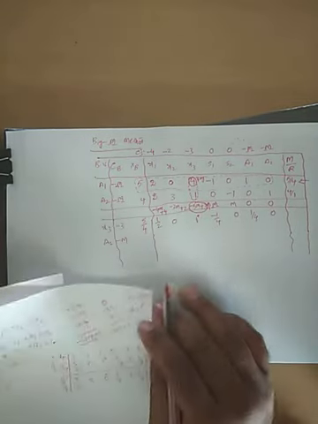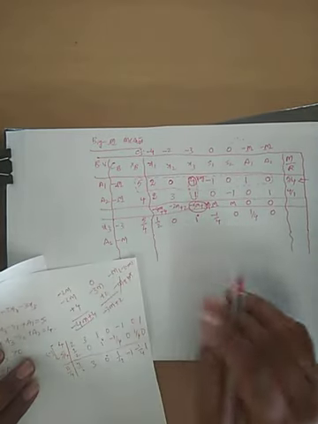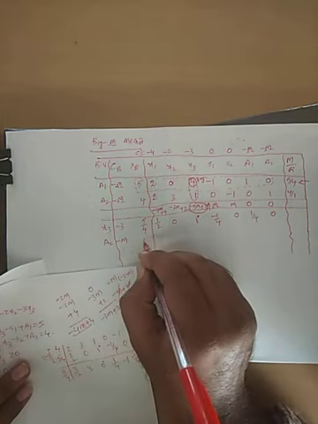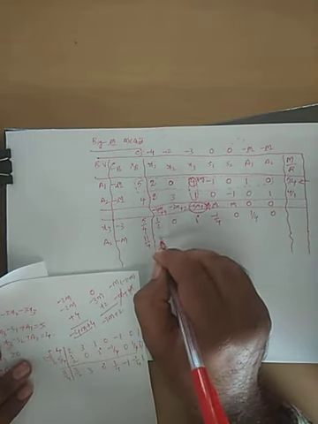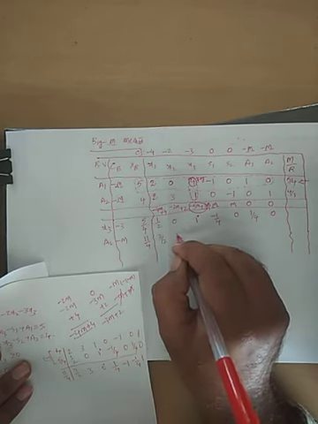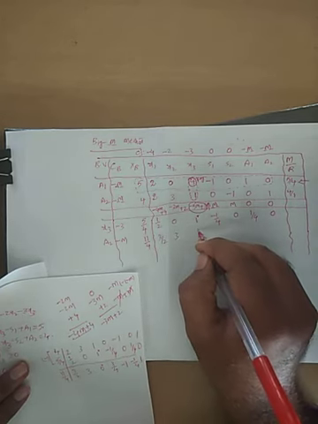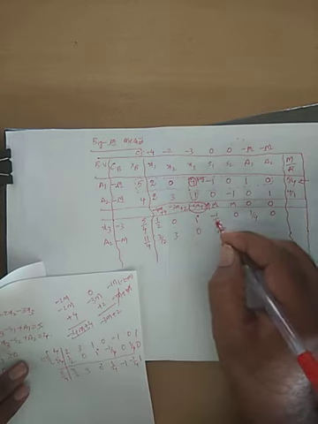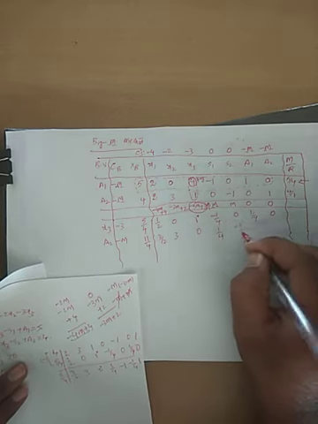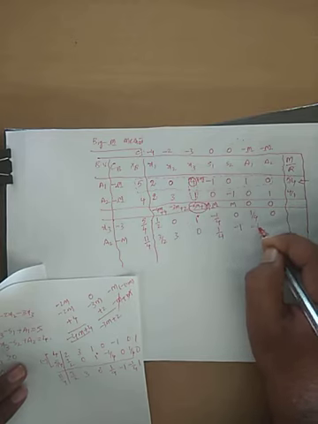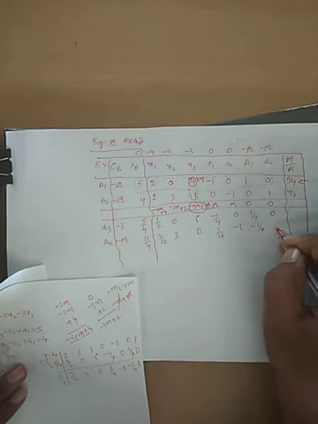Then what is the complete substitution now? 11 by 4 will be as it is. Next one, 3 by 2. Next 3. Next 0. Next 1 by 4. Next minus 1 by 4, minus 1 by 4 and 1.